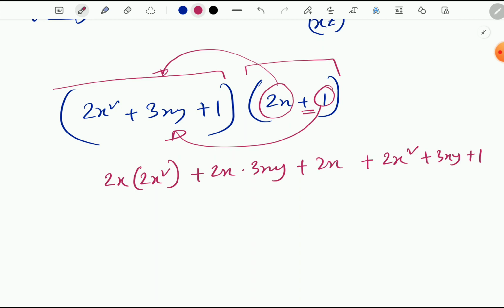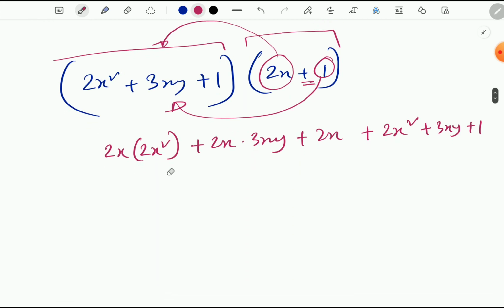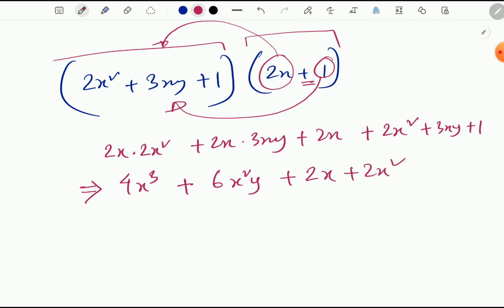As I didn't write brackets for all, let's put a point here. Now further you can calculate how much it is: 4x cubed plus 6x squared y plus 2x plus 2x squared plus 3xy plus 1. Now we cannot find any common term, therefore this is the answer.